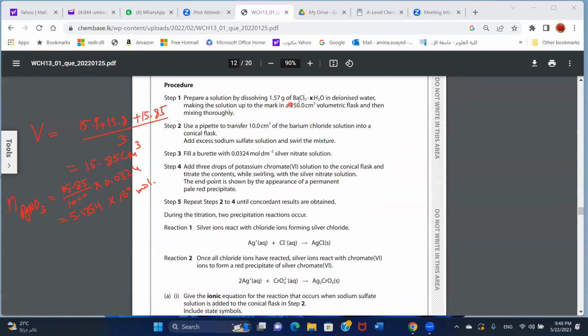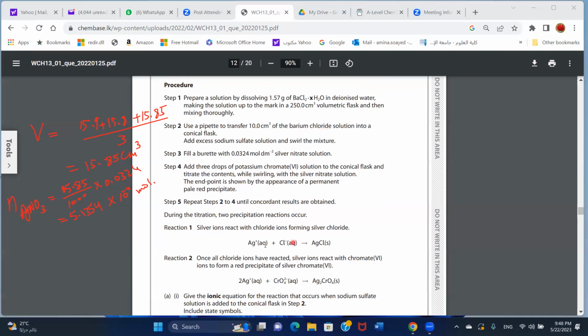We started with the barium chloride and we dissolved this barium chloride in water. We took only part of this solution and titrated the barium chloride against the silver nitrate, isn't it? Of course, we got rid of the barium, but we titrated the chloride ions that resulted from the barium chloride with silver nitrate.